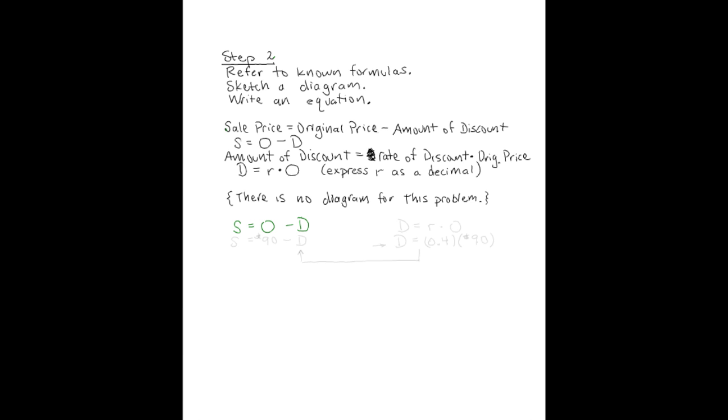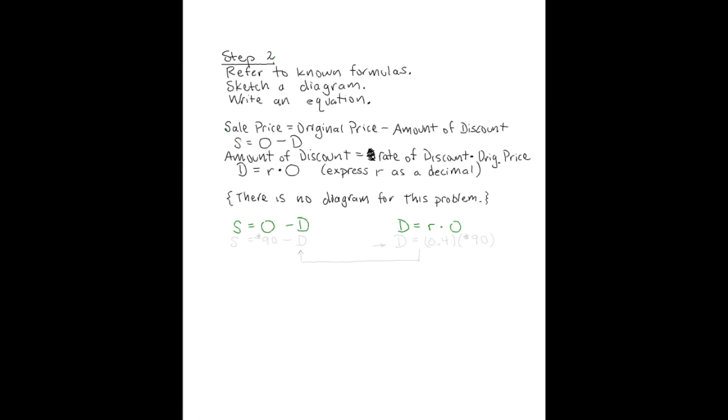Okay, so in this particular problem, we know some of the information, but we don't know all of the information. We have to find D and S for this particular problem. So let's go ahead and write both of our formulas here. S equals O minus D, and D equals r times O. Okay, now that we have that, we were given little r and O. So it looks like we can calculate the discount right away.